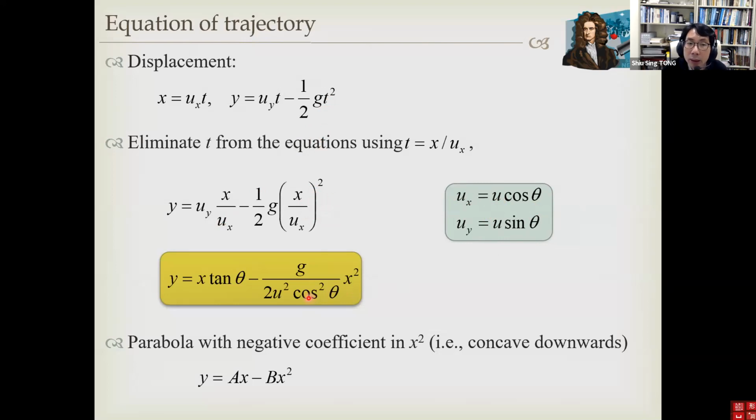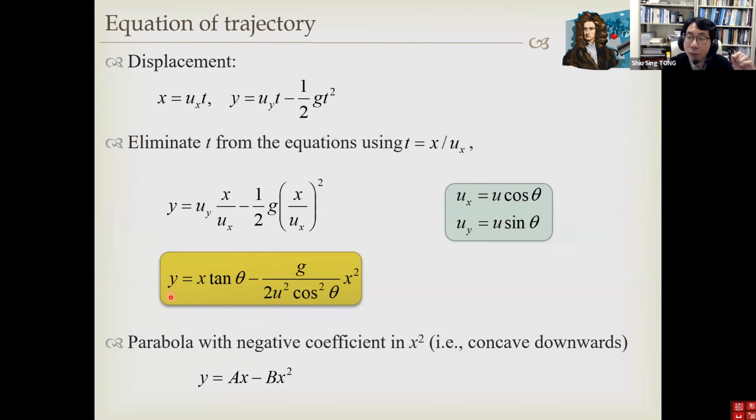So uy over ux is sine theta over cosine theta, and that gives you tangent theta. And ux squared here in the denominator becomes u squared cosine squared theta, right? So that's the trajectory equation we found. Now, it looks rather scary when you look at this equation the first time. But imagine, what does this equation mean for you?